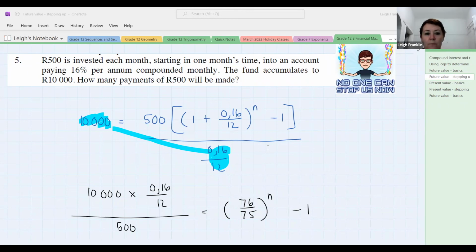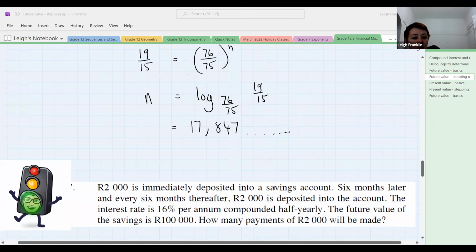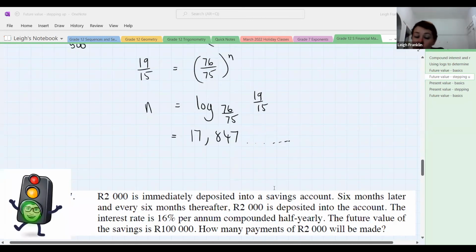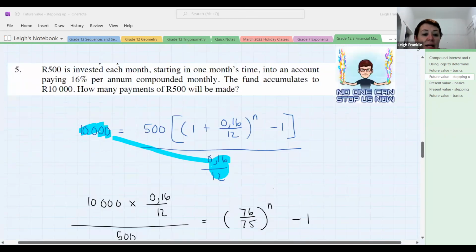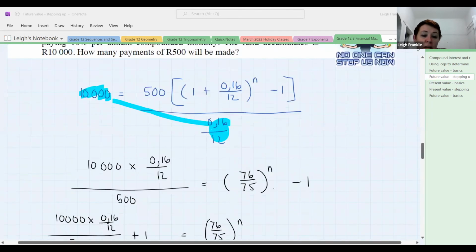Exactly, Buhle, 100%. I subbed 17 back in, and when you sub 17 back in, you don't get 10,000. You get 9,470. So if you say 17, then it's going to be too few. This person is not going to have 10,000 Rand. They're going to be short.